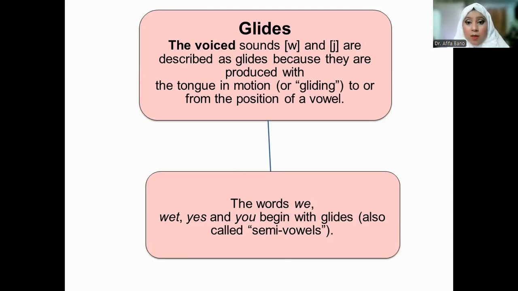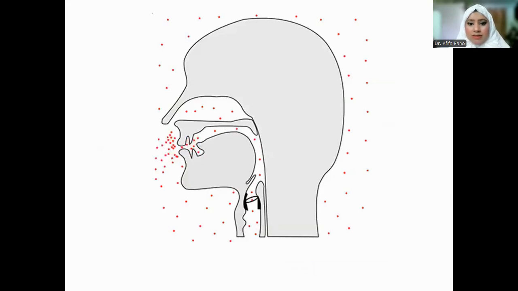When we pronounce these sounds, our mouth moves and the tongue remains in motion, sometimes forward, sometimes back. Wa, wet, yes, you. You can feel your tongue. Now see, this is the way it works.